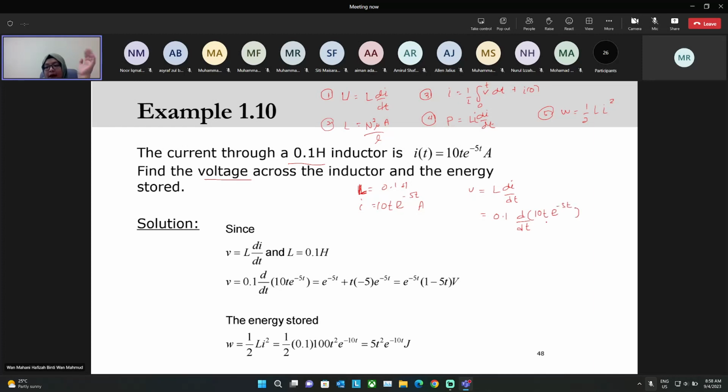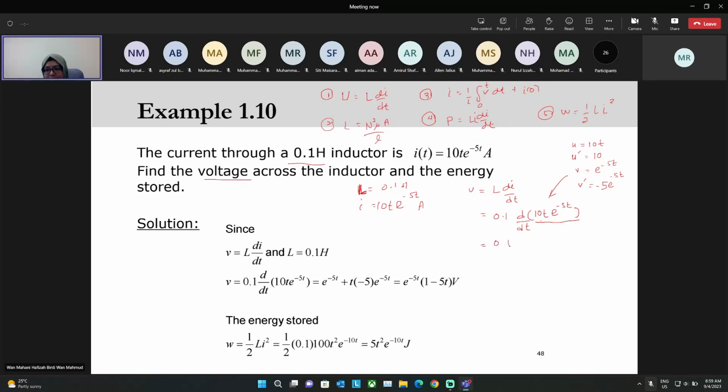So now your equation has two different terms of t, two terms. So you need to use the product rule, uv' plus vu'. For this case, to differentiate, let u equal 10t, so u', which means du/dt, equals 10. Let v equal exponential negative 5t, so v' equals negative 5 exponential negative 5t.